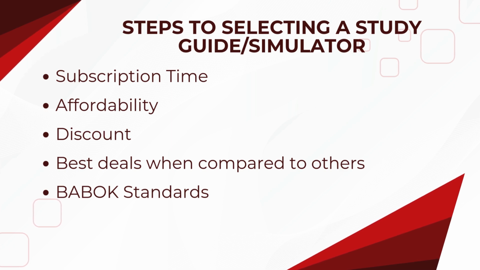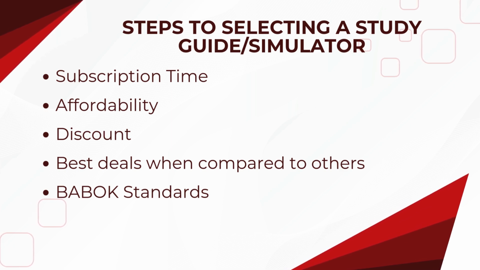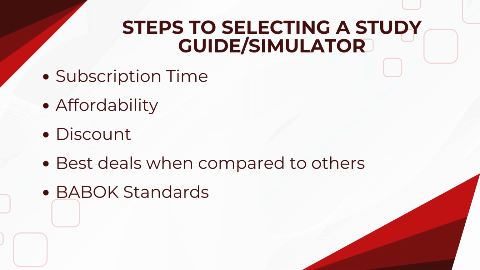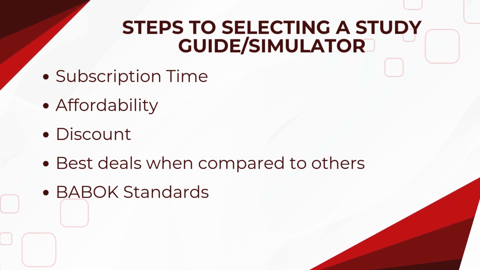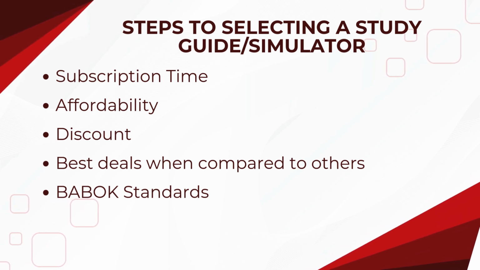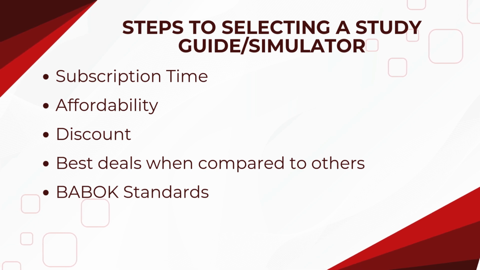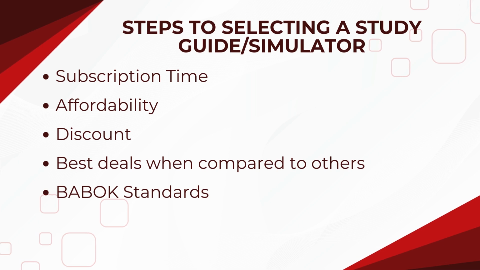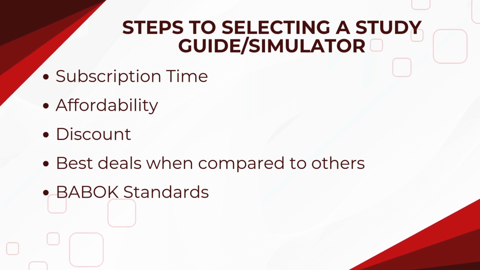You can also check Reddit, see what people have said after using it, the scores and all that. Then another thing is subscription time. Some would say, oh, you have to subscribe for 1 month, 3 months, and so on. So you need to know the one that meets your need or fit.